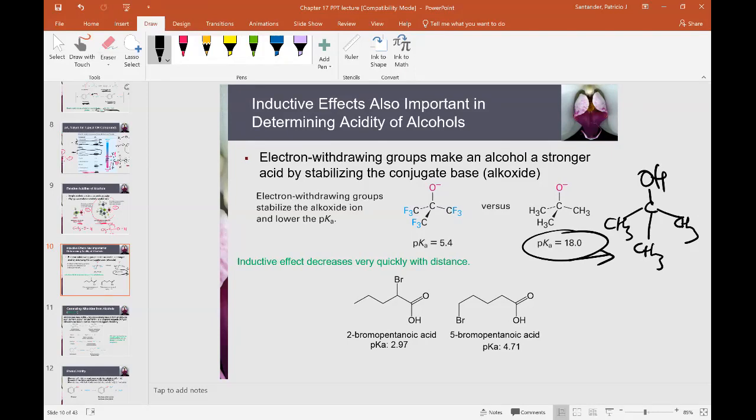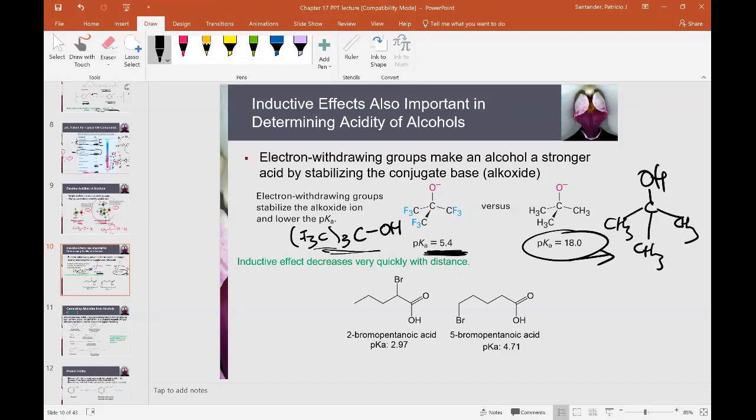But the pKa value for a similar system with fluorines, as we have on the left here, so you have (CF3)3COH, that is the trifluoro system, decreases to 5.4.